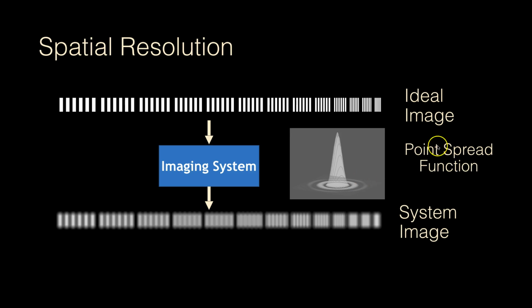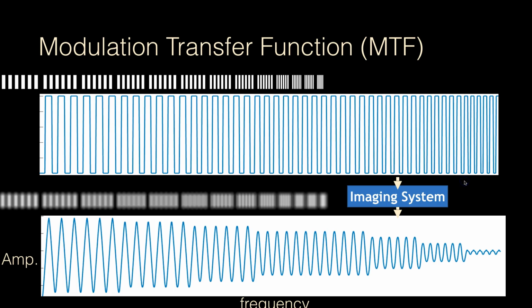That's called the point spread function. So one more terminology that we want to talk about that a lot of times will be measured as part of quality assurance is the modulation transfer function.